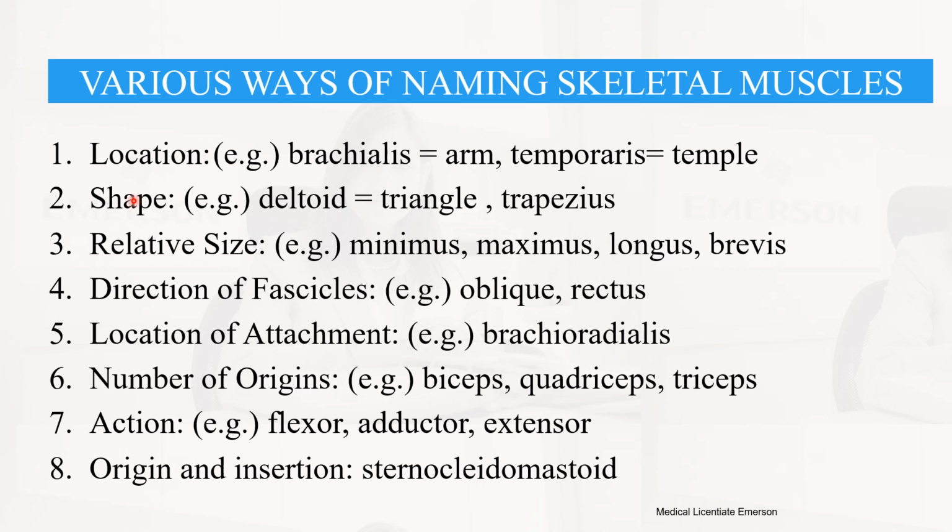Then in terms of shape: if the muscle looks triangular, we call it deltoid. For instance, the one on the arm, on the lateral aspect, is the deltoid muscle. Then the trapezius looks like a trapezium, so we call the muscle trapezius.